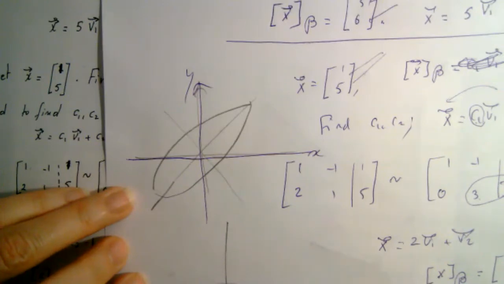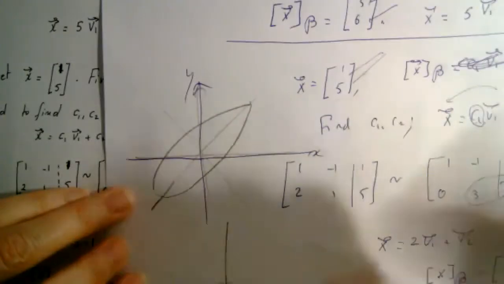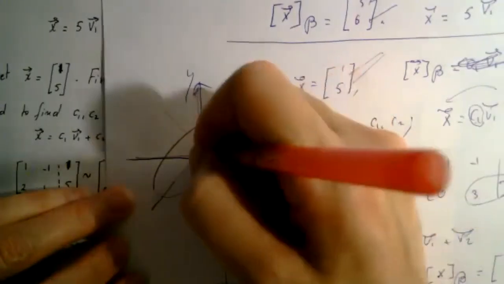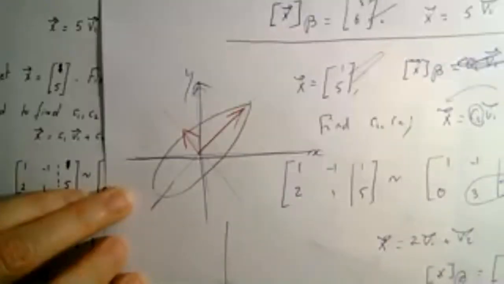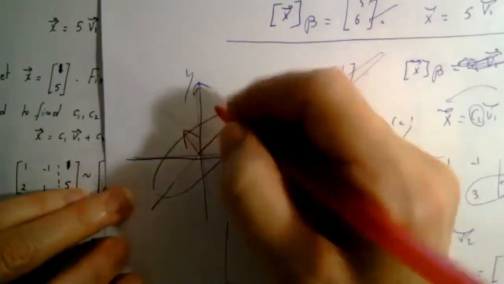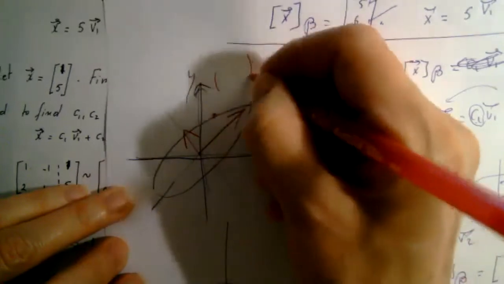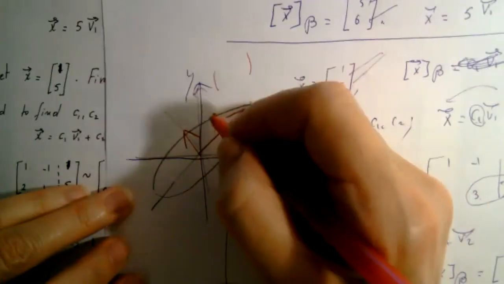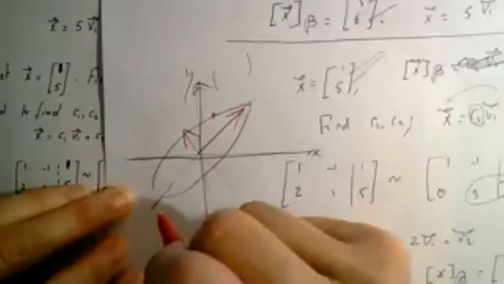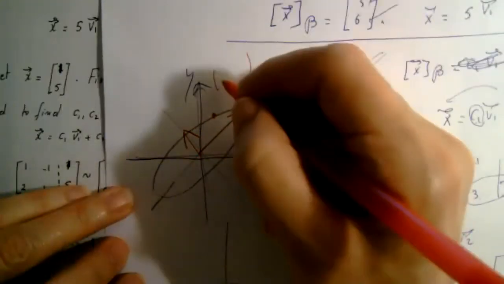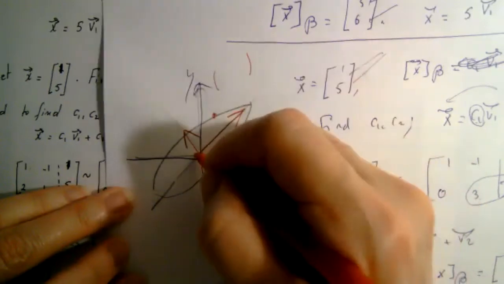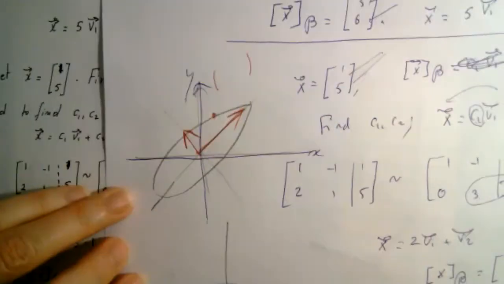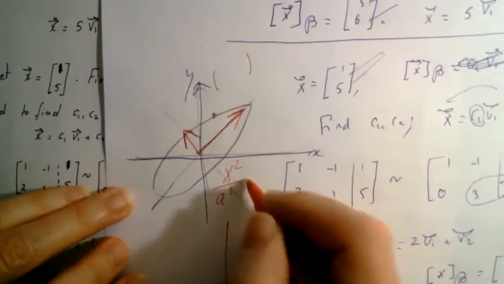However, if I use for coordinate system the major axis and the minor axis of my ellipse, and I take a point on the ellipse and think of its coordinate with respect to this basis, the equation of this ellipse would become very easy.